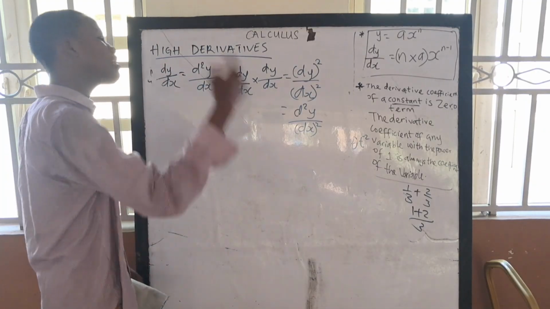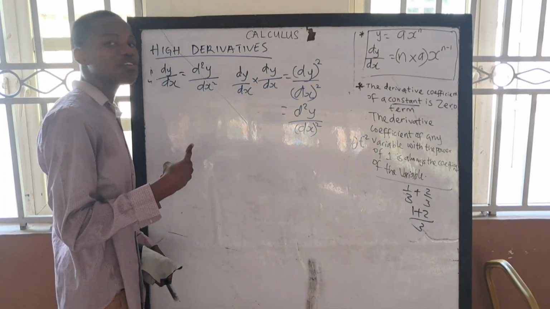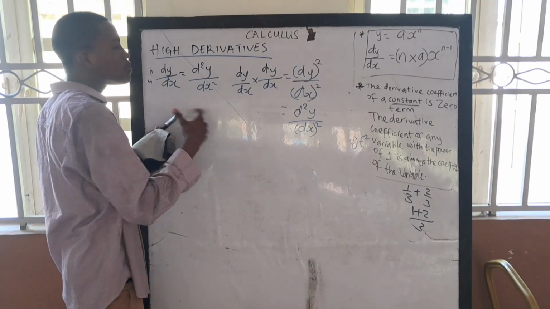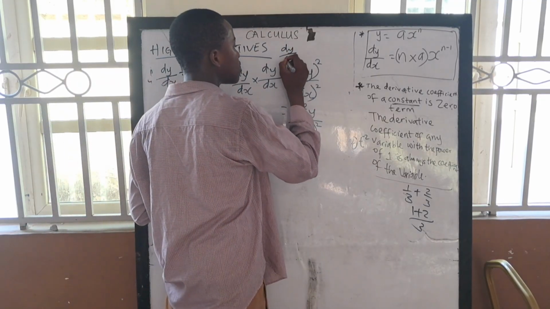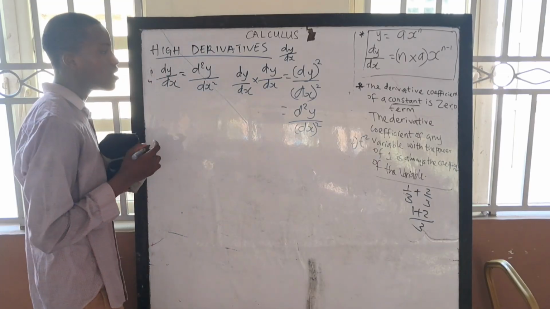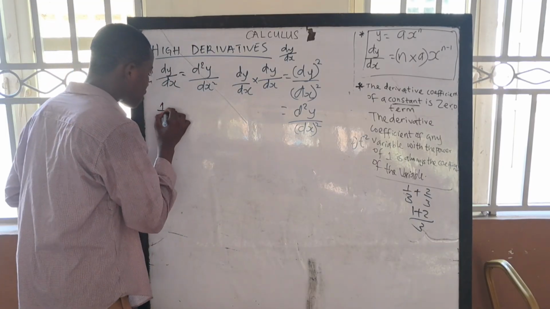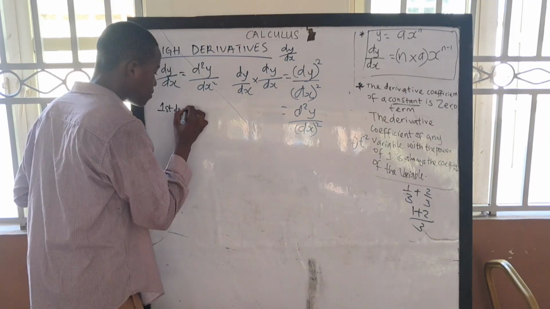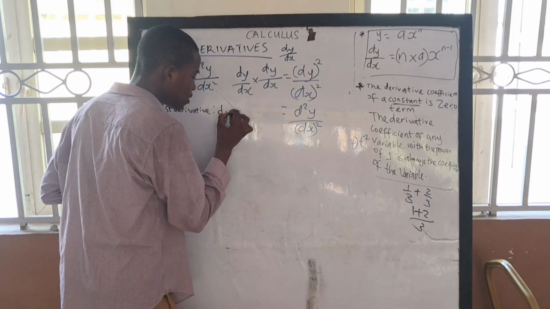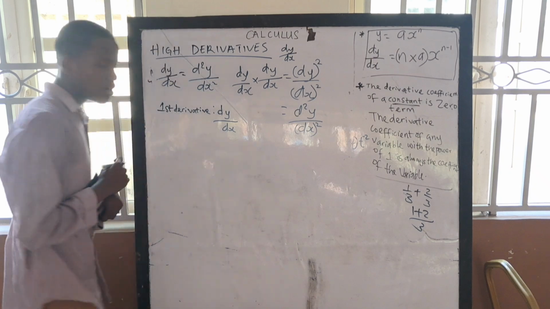Let's say I'm asked to differentiate it again. That means I'm finding the third derivative. This is the second derivative. This is the first derivative, dy dx. Second derivative. Now let's get the third derivative. Our first derivative, dy dx, right?